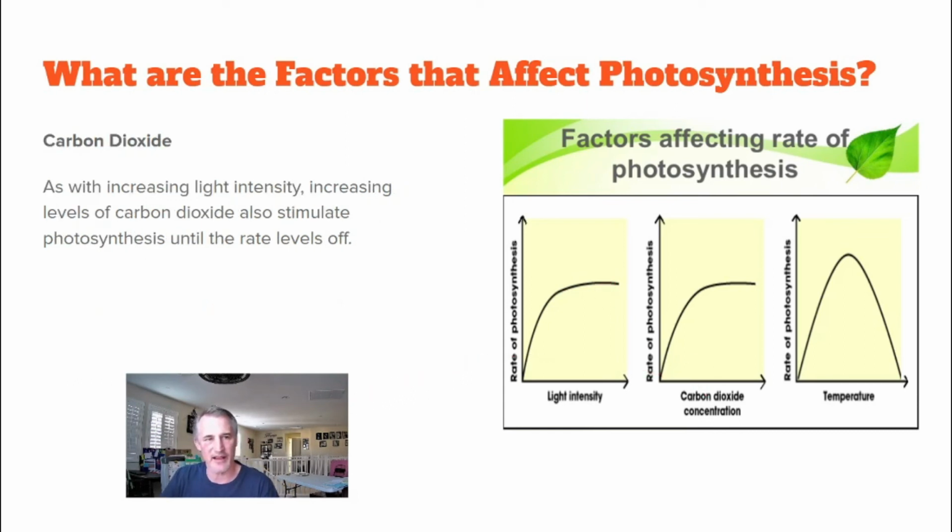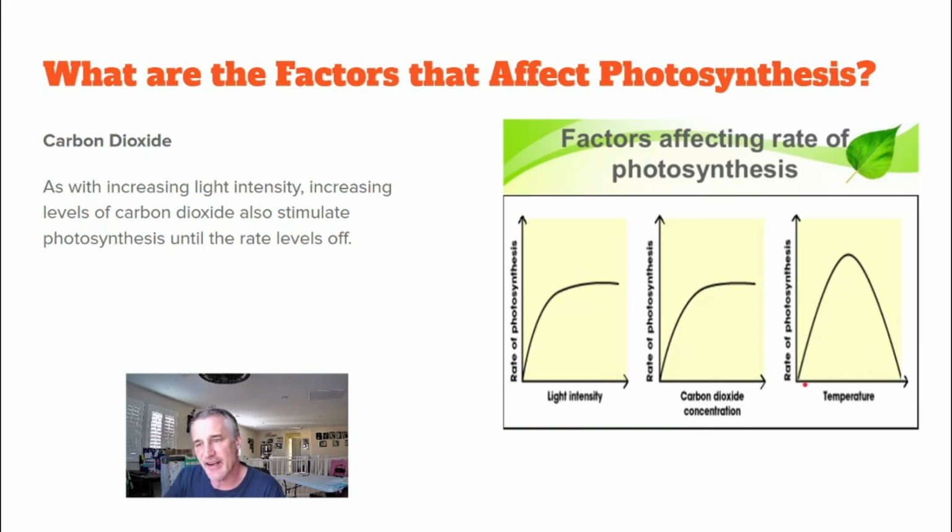So if we take a look at carbon dioxide, just like we talked about, increasing amounts of carbon dioxide will cause the rate of photosynthesis to increase, but eventually, once all the enzymes are working to do the carbon fixation and all the carbon dioxide is being used, and we're at maximum saturation and all the enzymes are doing the work as fast as they can, you see it'll start to flatten out.